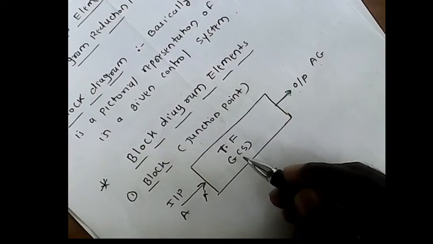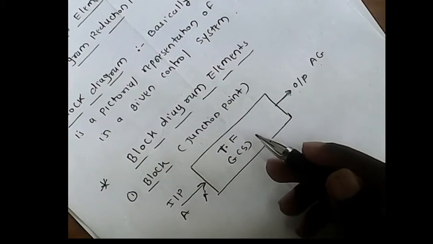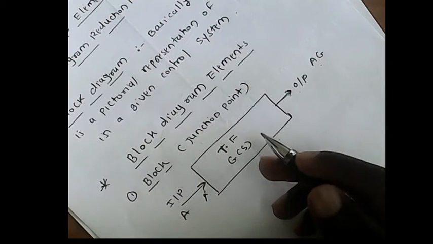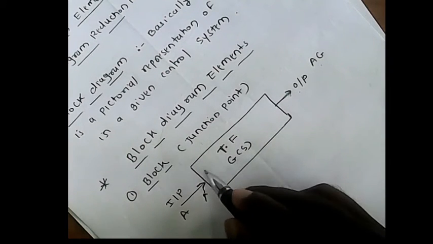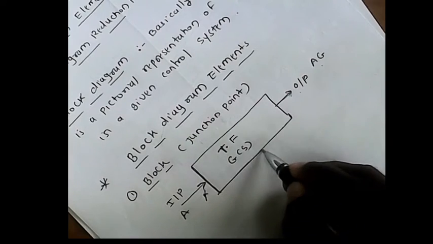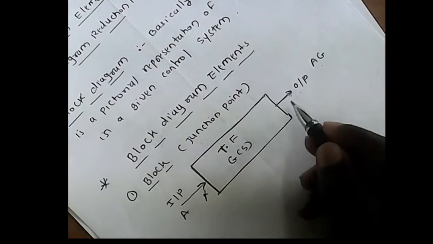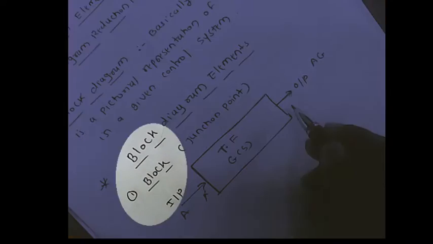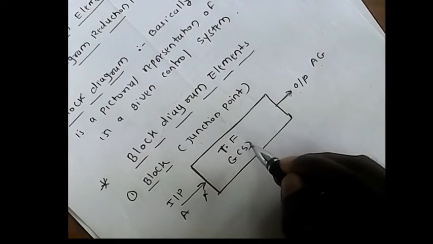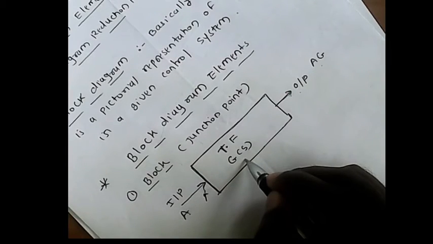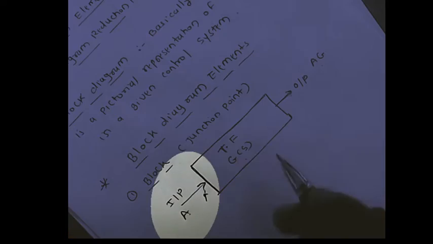The transfer function may be in Laplace form or may contain a gain, which is multiplied with the input. So A is the input, G is the transfer function, and the output is AG.